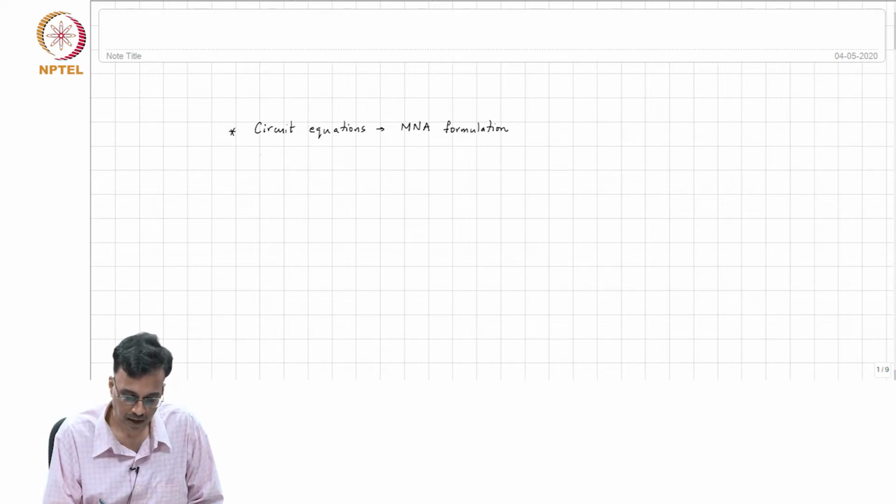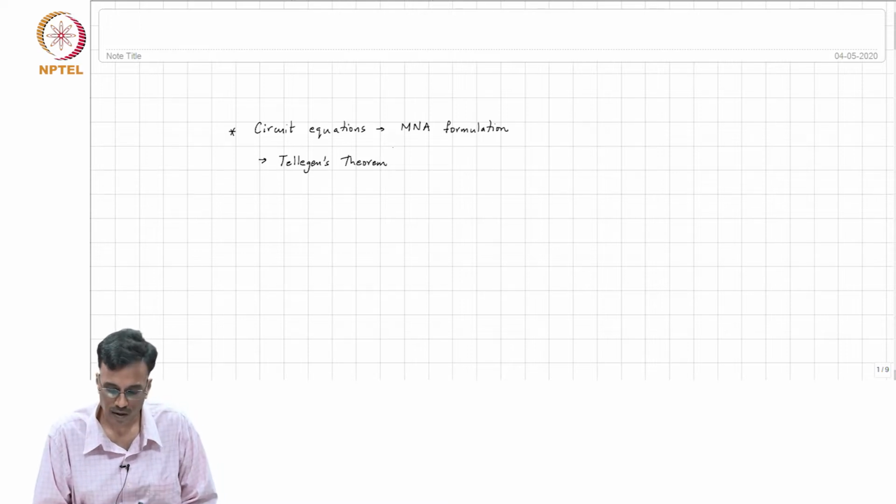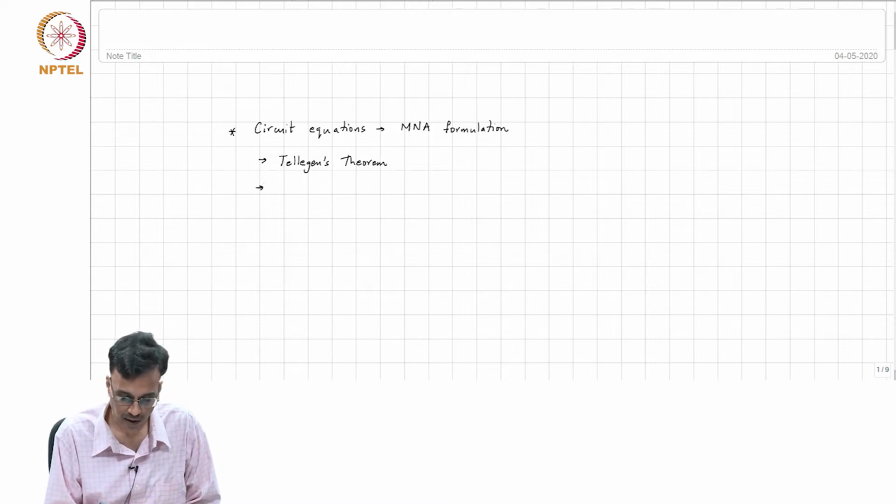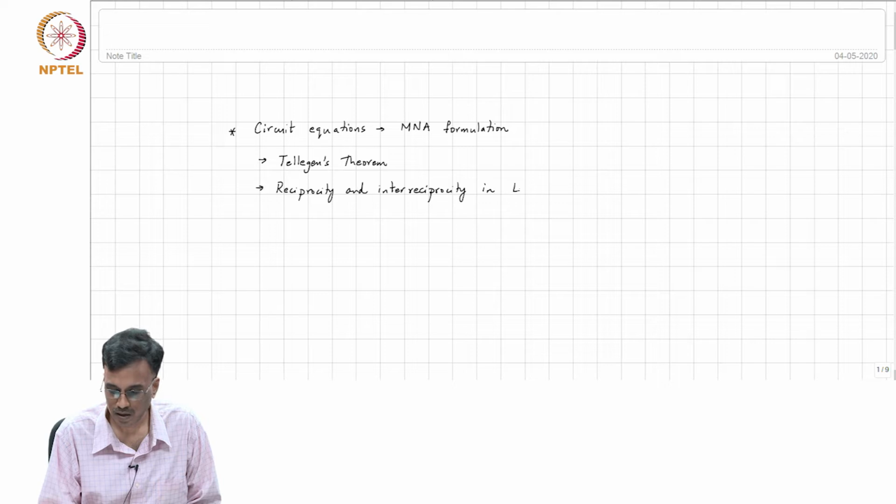And then we also saw Tellegen's theorem, and we saw reciprocity and interreciprocity in linear time invariant networks.